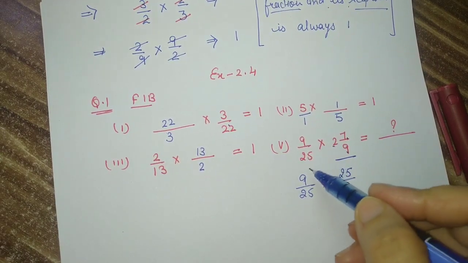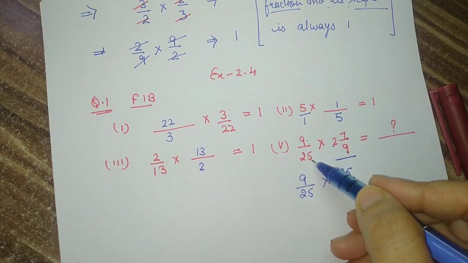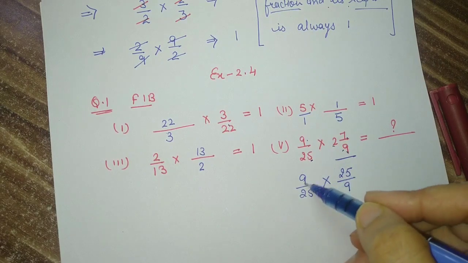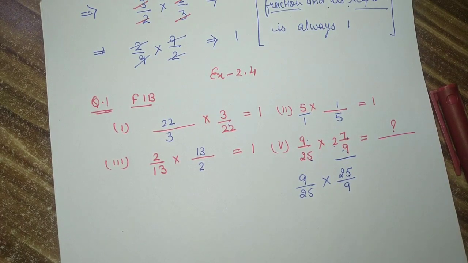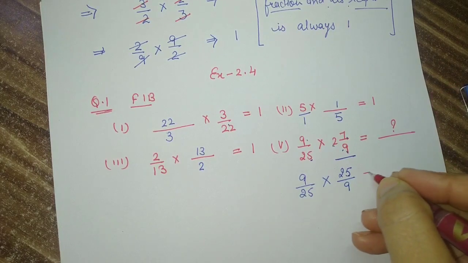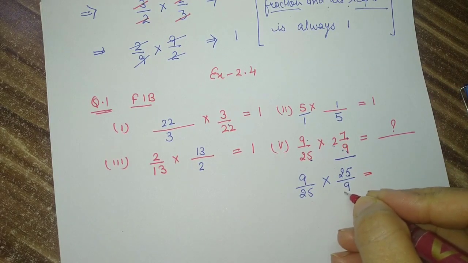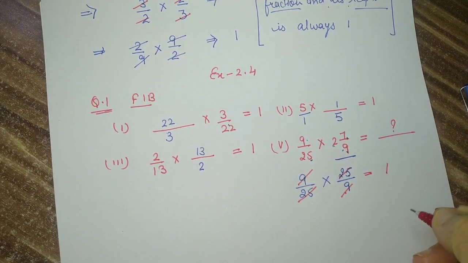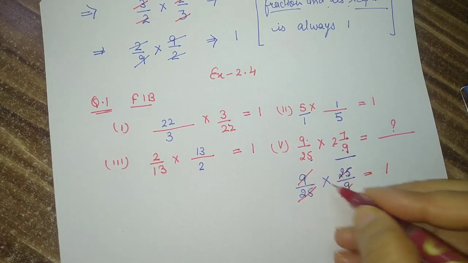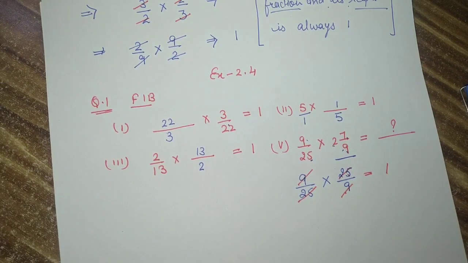The fraction is 9 by 25 and the next fraction is its reciprocal, that is 25 by 9. And when we multiply a fraction with its reciprocal, we always get the answer 1, because 25 cancels with 25, 9 cancels with 9, and the answer is 1. In this way we have solved the first question, which was given in the form of fill in the blanks.